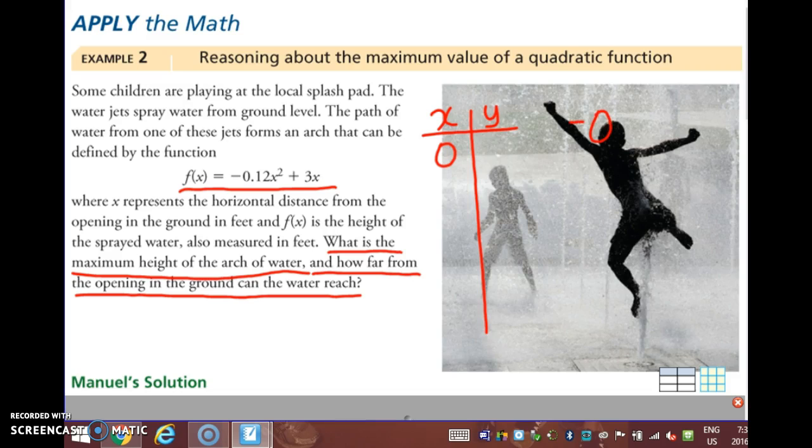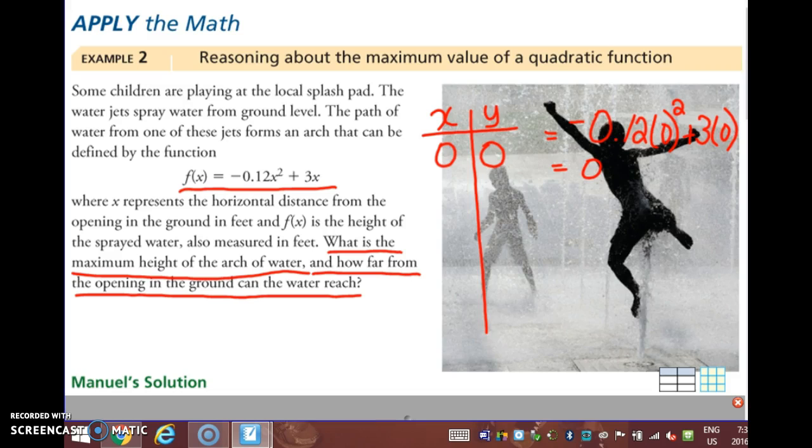So I would have negative 0.12, and instead of x, I'm going to have 0 squared plus 3 times 0. 0.12 times 0 is 0, plus 3 times 0 is 0, so my answer is 0. So when x is at 0, my y is at 0. This shows that the water spray is starting right at the ground level.